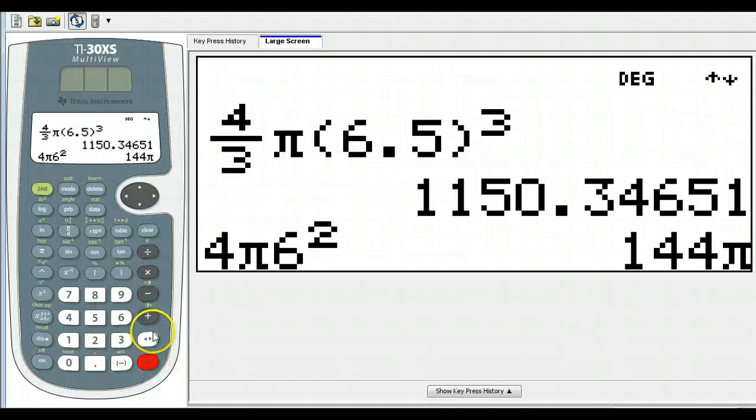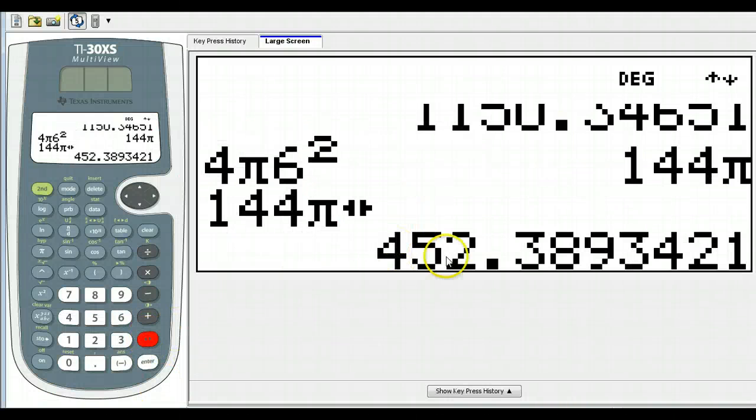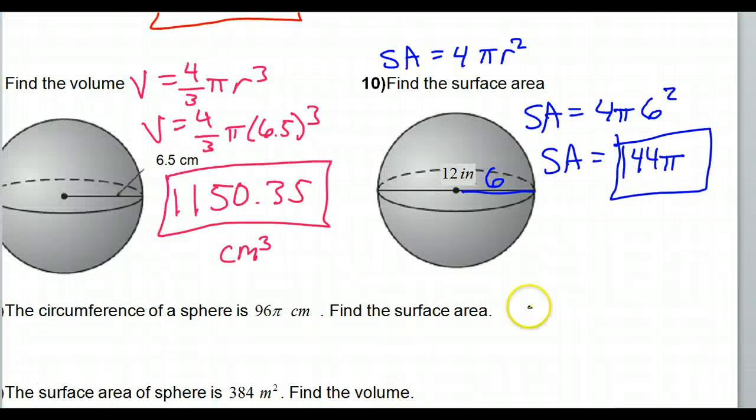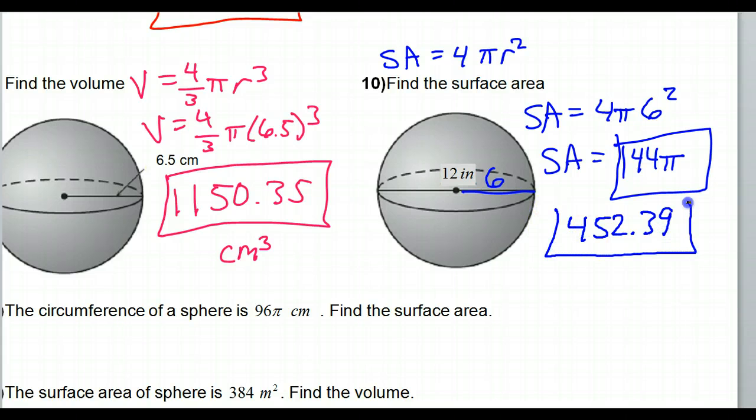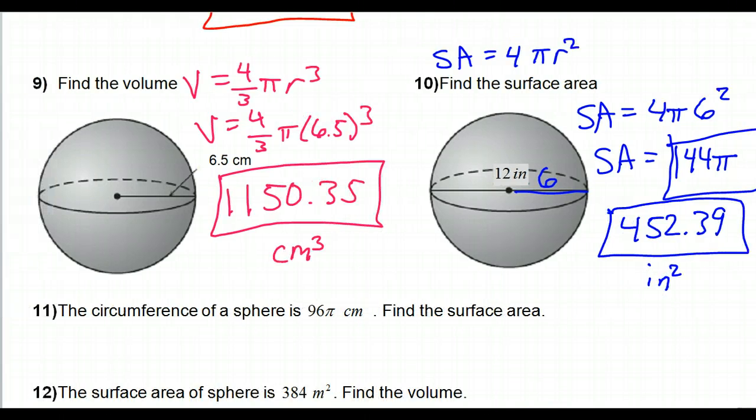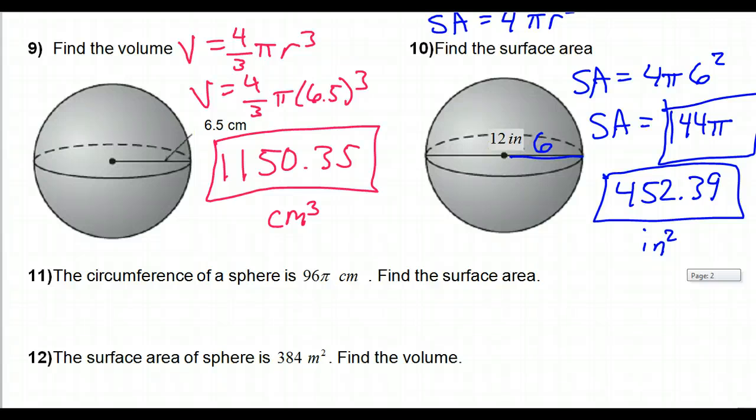I can make a decimal by hitting toggle. 452.39 is the answer. This is surface area, so our units will be inches squared. Alright, let's look at number 11.